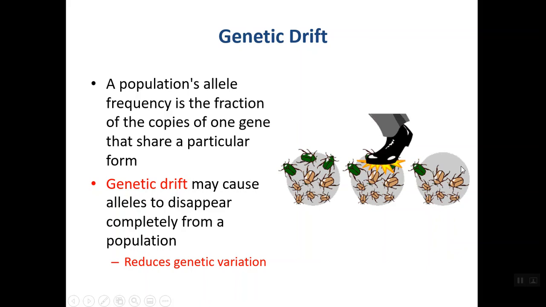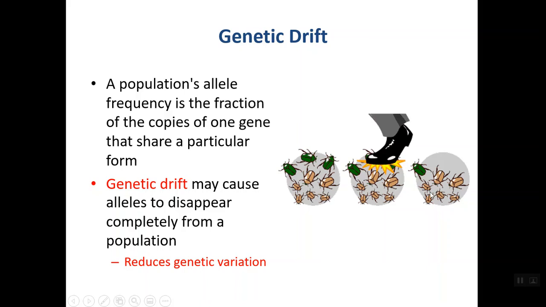So this phenomenon of change of allele frequencies over the course of generations is just an example of genetic drift. And in this example, the genetic drift is reducing the genetic variation quite a bit in a population.